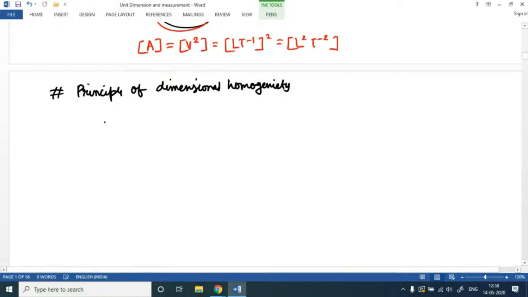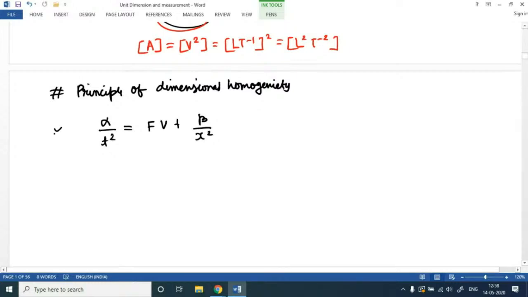For example, let's say we have a relationship: alpha upon t square is equal to f into v plus beta upon x square. In this, let's say t is time, f is force, v is velocity, and x is distance.